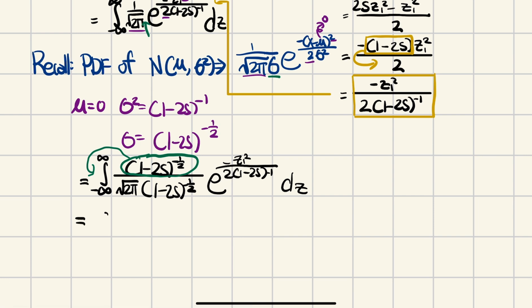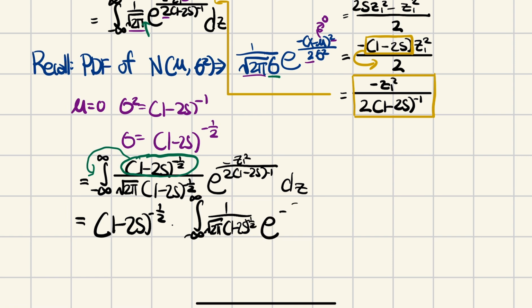So this is 1 minus 2s to the negative half multiplied by the integral from negative infinity to infinity of 1 over, I'm just copying everything down, e to the negative z squared over 2.